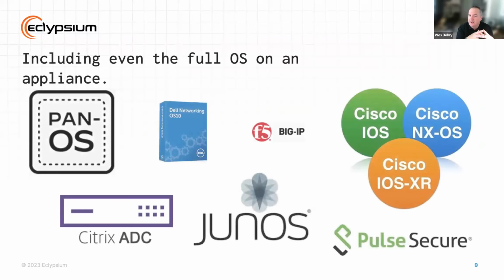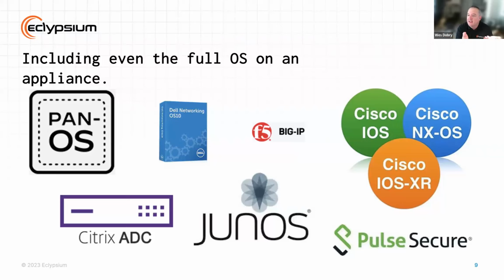Because as we look at what this term of firmware is, it sort of morphs a little bit. Now it has all of those individual components I was just speaking about. But if we look at things like our network appliances, both physical and virtual, this now expands to looking at things like the full operating system on something like a network switch.